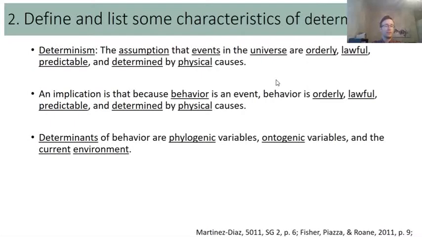So other natural sciences have taken the approach that some behaviors or some events may not be determined, but in general we assume determinism. And that's okay. That's worked out pretty well for the natural sciences so far.